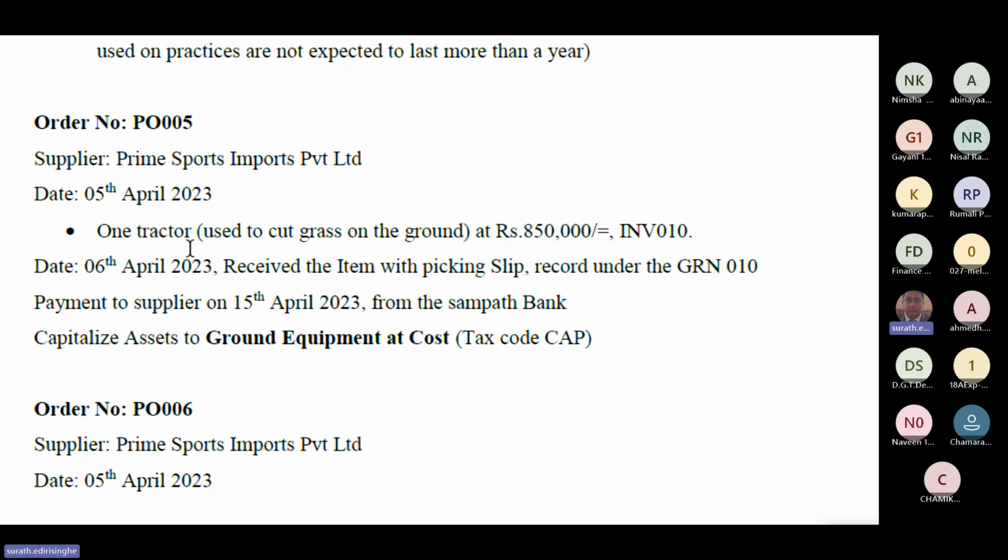Before recording the purchase transaction, every accountant has to create a specific asset account under property, plant and equipment. Ultimately, this asset has to be transferred from purchase to fixed asset.